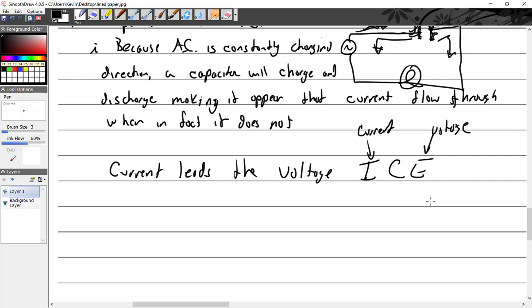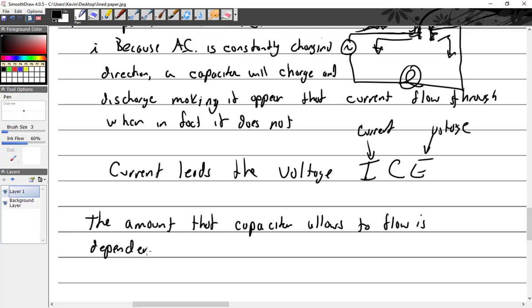Christian, help me out with this. Frequency. Thank you. What did you just say? Frequency. The amount of current that a capacitor allows to flow is dependent on the capacitance and frequency.